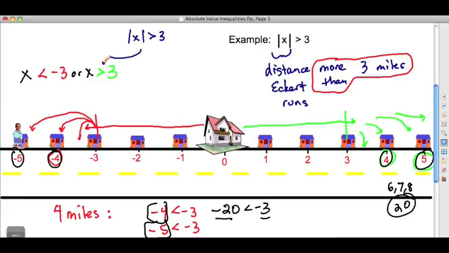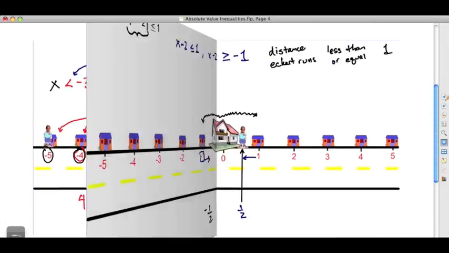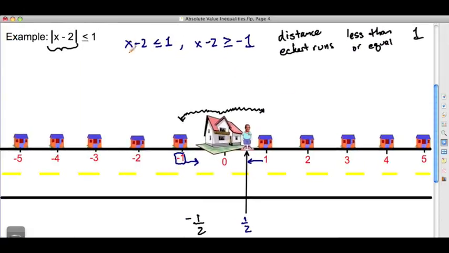We start off with the same sign, exactly the same as the first one, but then when we switch to negative, the sign changes. It changed to greater than.